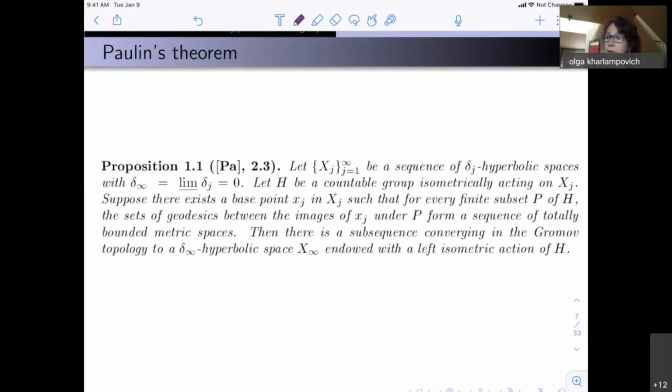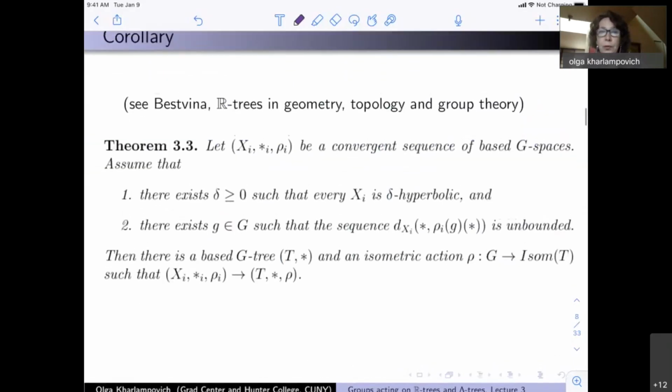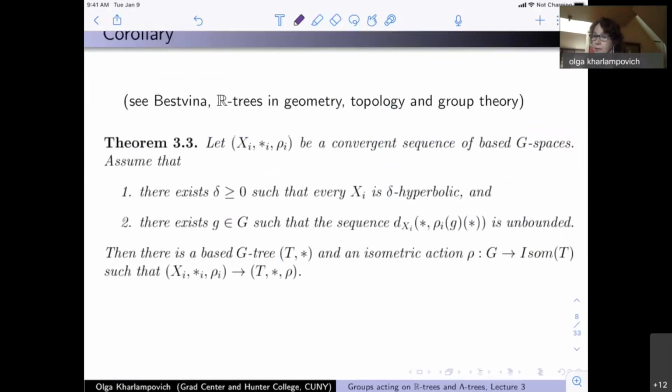Now let me give you an example. So first this theorem, and then an example which is close to my heart. This is from Bestvina's survey, R-trees in geometry, topology, and group theory.